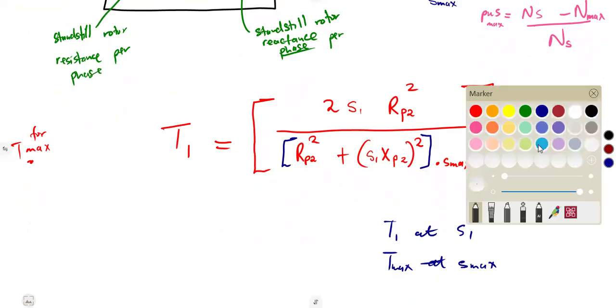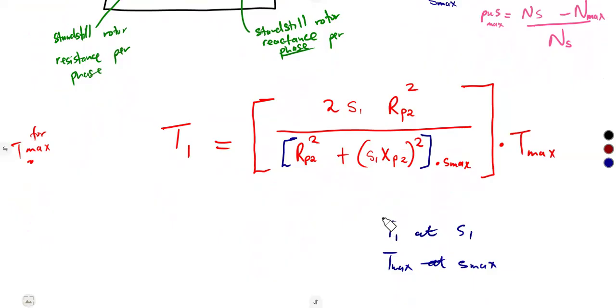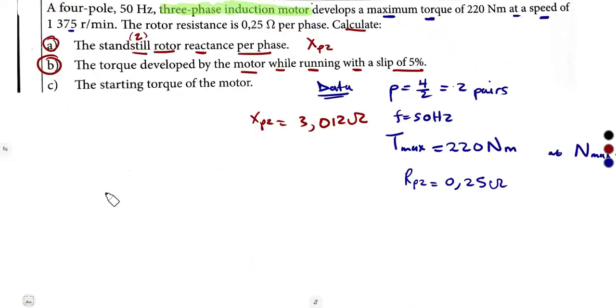You're simply talking about the torque that is happening at any slip, at that given slip. In our condition, it simply means that they are saying calculate the torque developed. We do not know that, so it's going to be T1, like any value.